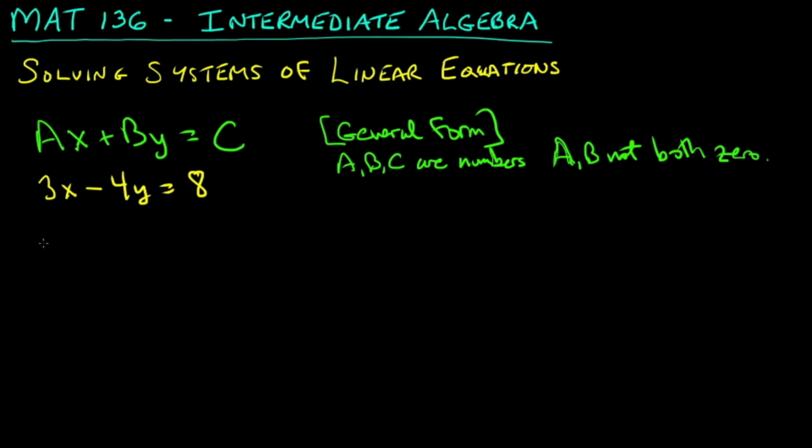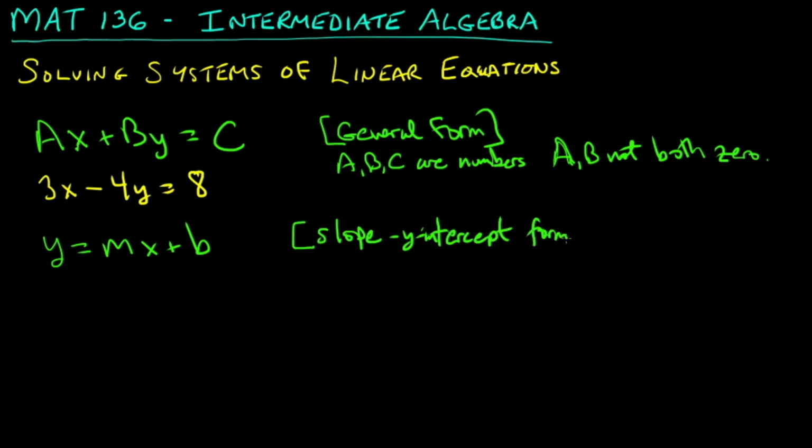Another way you can write it is in the form y equals mx plus b. So lowercase b, not uppercase B, a different b. You should also recognize this as the slope-intercept form.